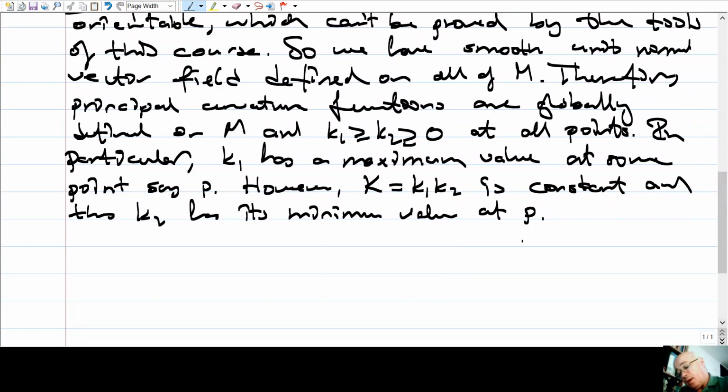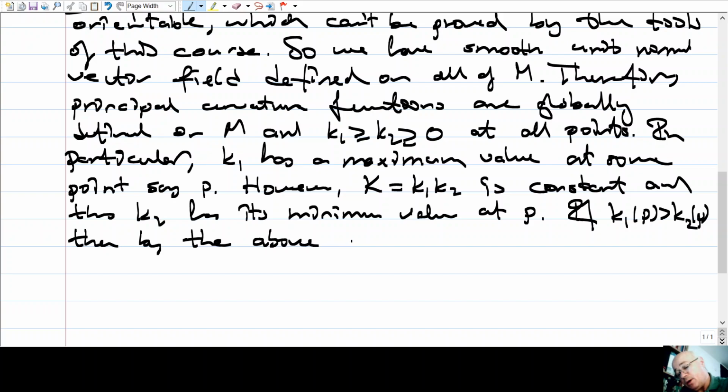Well, if K1(P) is strictly larger than K2(P) at this point, then by Hilbert's lemma, which says that if K1 has a maximum at a point, and if K2 has minimum at the same point, and if at that point K1 is strictly larger than K2, then Gaussian curvature is necessarily non-positive.